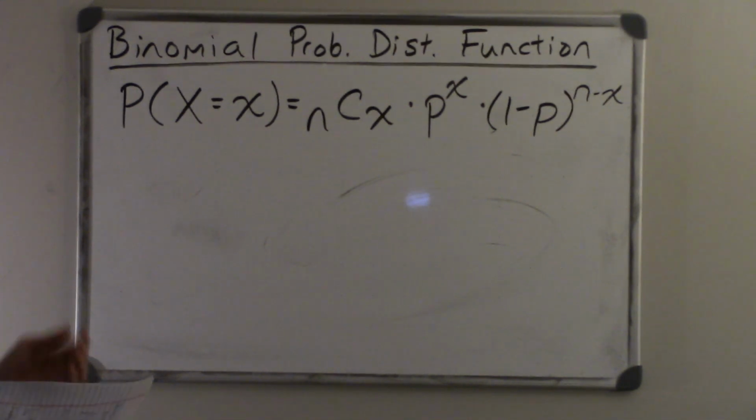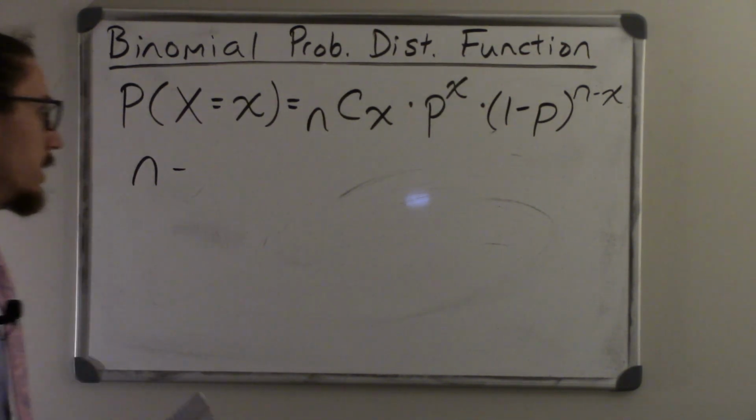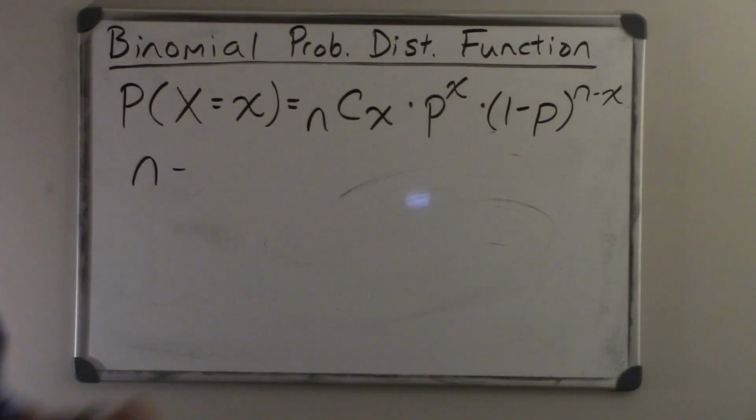All right. I promise you that this is not as bad as it might look. Let's go through here and identify some important features. The first one we might be interested in is n, partially because it's the first thing up. So what is n? If we go back to those conditions, we know n is the number of trials.